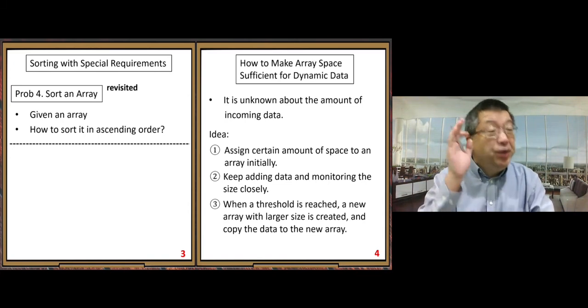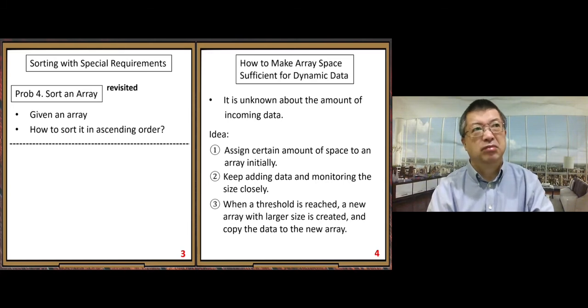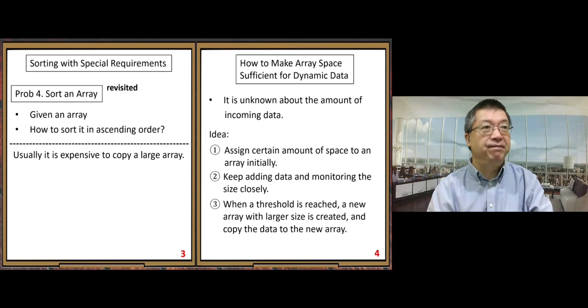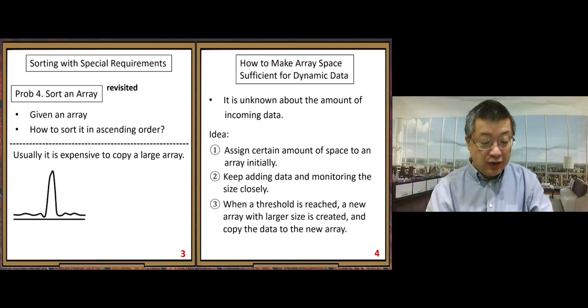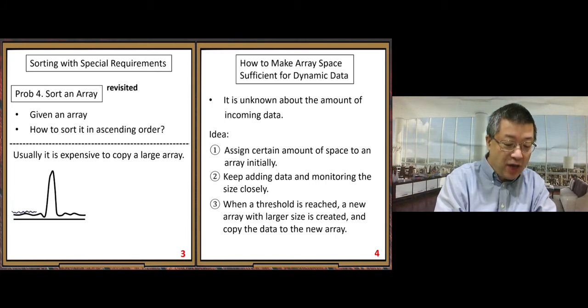All right, that's a simple idea, right? But when we do that, there is a problem we need to fix. Usually, it is very expensive to copy large data. Data copy could be very expensive. If I draw a diagram, it's like this. If you do not copy that big data, your response time is pretty reasonable.